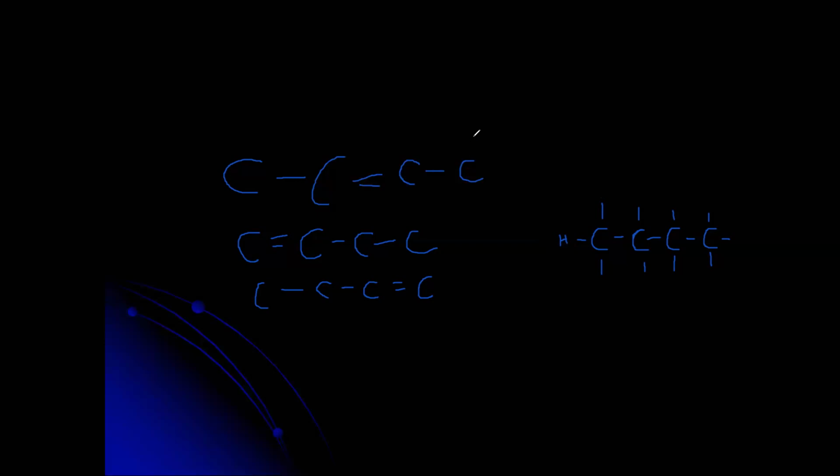Here we have our standard 3 hydrogens on the end, because that's 1, 2, 3, 4 bonds, and same over here. But this gets tricky in here where this double bond is, because now we've got 1, 2, 3 bonds. So we're going to have a hydrogen here, and the most common way to draw that is to not stick another hydrogen up here, but to put it on the opposite side.